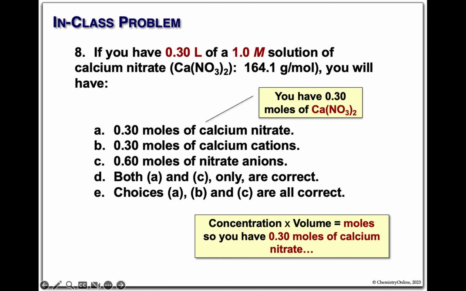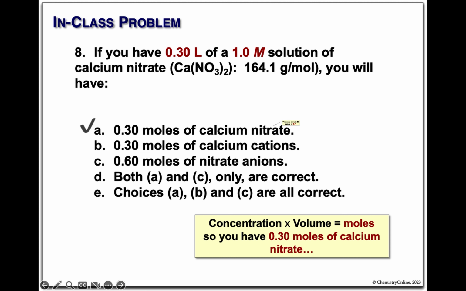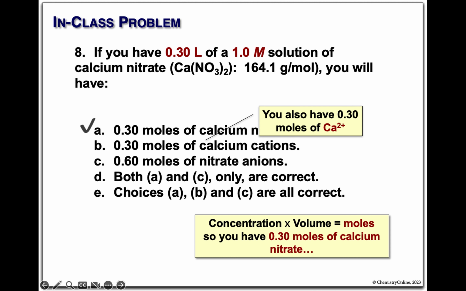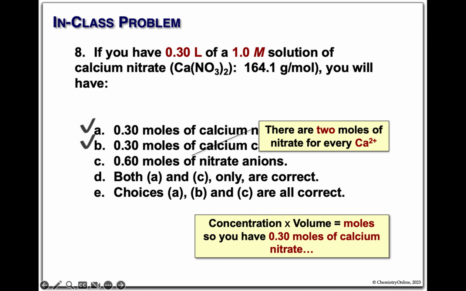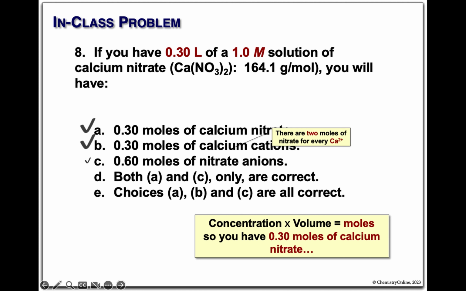Mole ratio here is 2 to 1. So we're going to double our 0.3 and make it 0.6. In this case, A, B, and C are all going to be correct. Any questions?